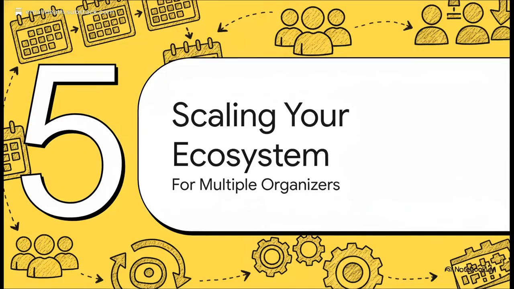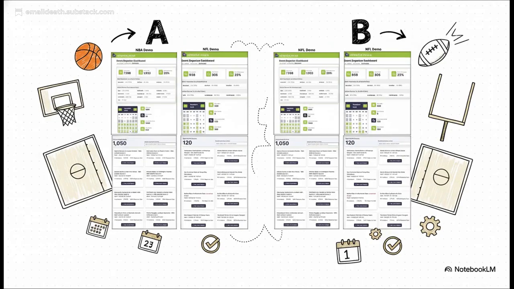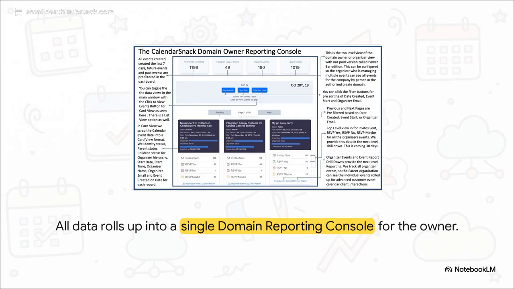Now, all this is fantastic for a single person running events, but what if you're a larger company, maybe a sports league or a franchise with a bunch of different people managing different schedules? Well, the system is totally built to scale. So imagine this. You've got organizer A, maybe they're running the NBA schedule, and they have their own dashboard with their own data. At the same time, organizer B is running the NFL schedule, and they have a completely separate dashboard. Each one works on their own. But here's the kicker.